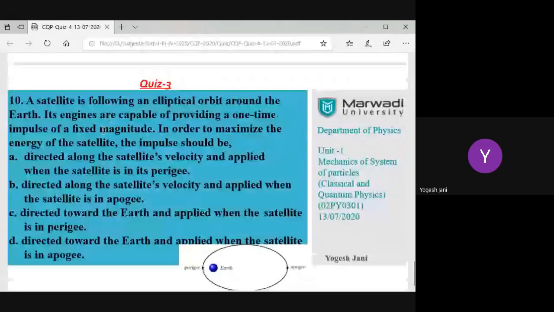This is perigee and apogee. So the satellite is moving on an elliptical orbit around the Earth. Its engines are capable. Okay, yeah. Now to see question 10. Same here. Okay. Yes. Now I think you can see question 10.